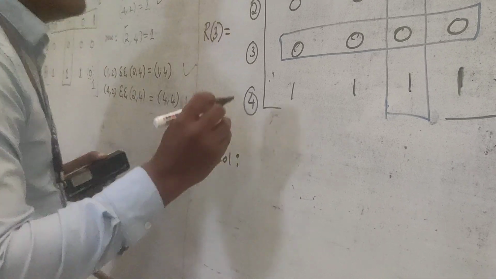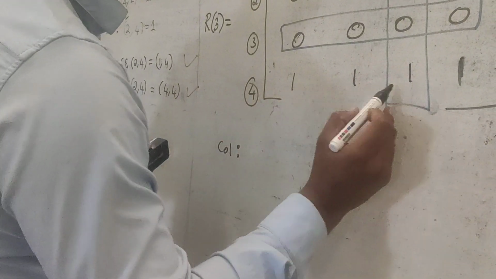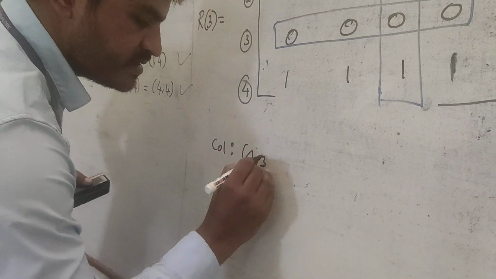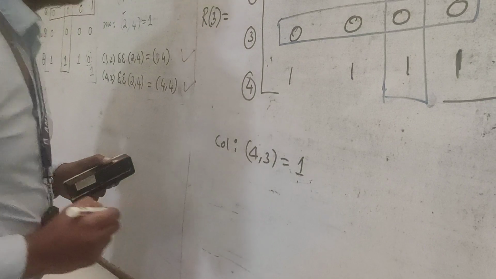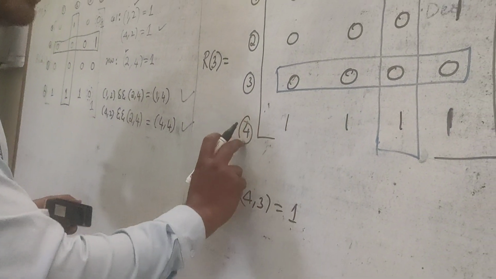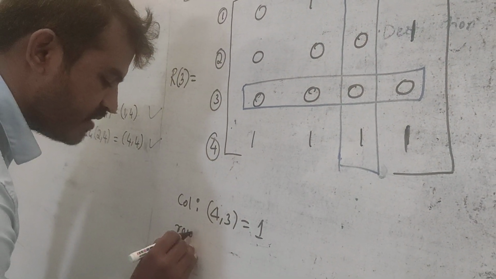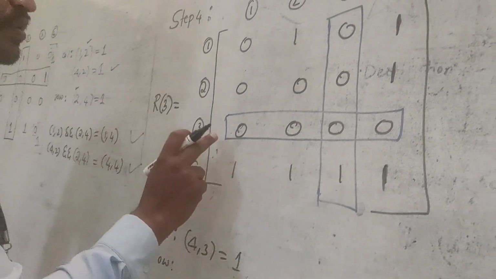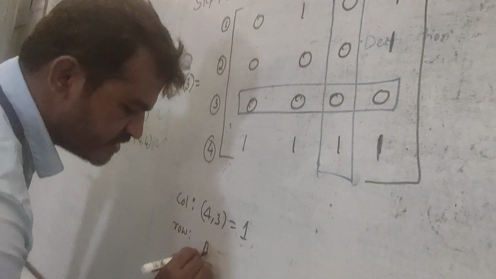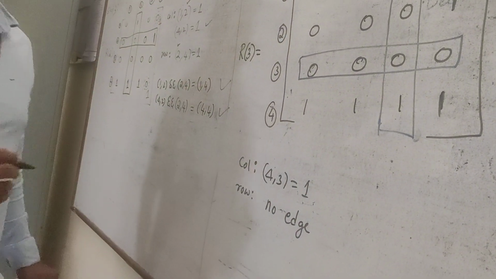In the column where the 1 is there, 0 0 0 1, 4 comma 3, it is 1. Is it true? Yes. That is 4 comma 3, it is 1. What about the row? That's important. In the row there is 0 0 0. No edge has 1.